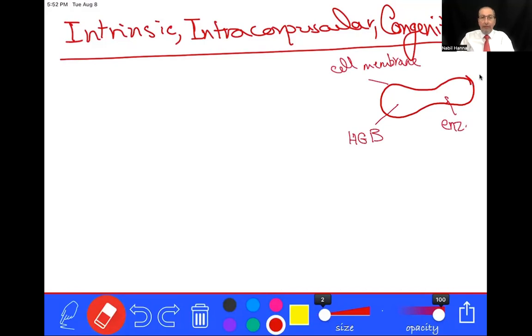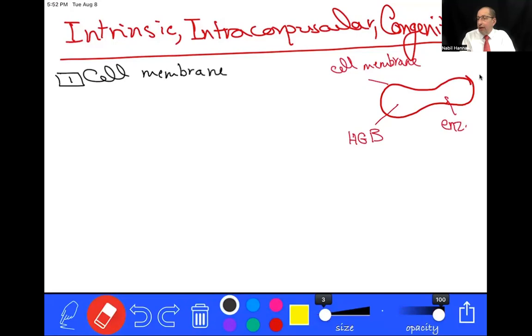That's all we have. So the problem, if it is in the red blood cell, it has to be in one of these three. So what are the cell membrane problems? Cell membrane. Give me an example of intrinsic, intracorpuscular, congenital hemolytic anemia because of a cell membrane problem. Hereditary spherocytosis.